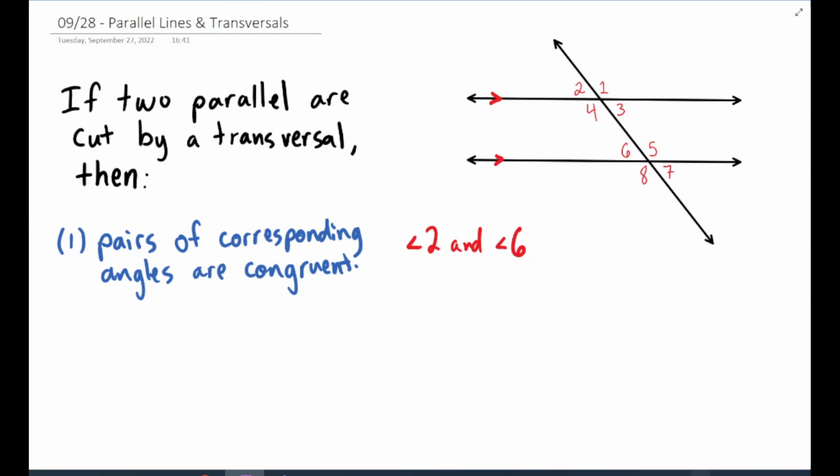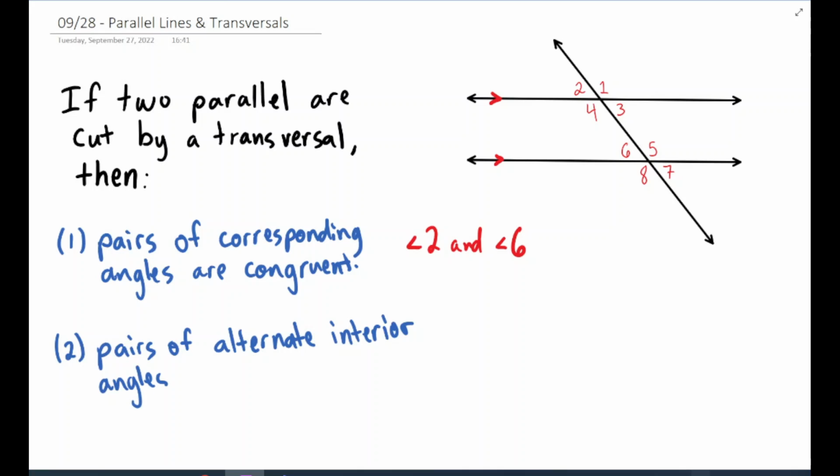Second up, if two parallel lines are cut by a transversal, then 2 pairs of alternate interior angles are congruent. This is, unsurprisingly, called the alternate interior angles theorem.